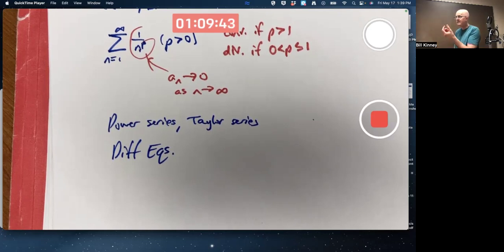They always have a radius of convergence and an interval of convergence. Taylor series are special power series where you've got a function and you want to figure out a way to represent it as a power series. They still have a radius of convergence and an interval of convergence. These things can be memorized. They can also be derived based on the definition of Taylor series or some other formula by substitution or differentiation or integration.